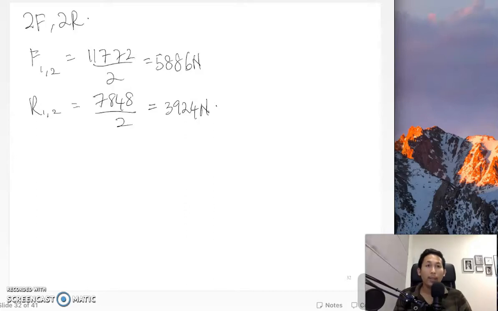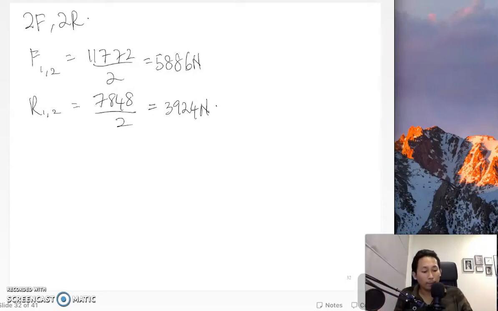Since the weight of the car over the four wheels will act downwards, the reaction force on the weight of the car will react upwards to the wheels.